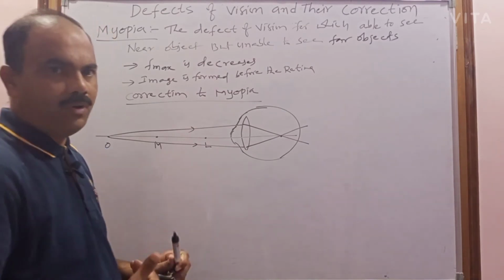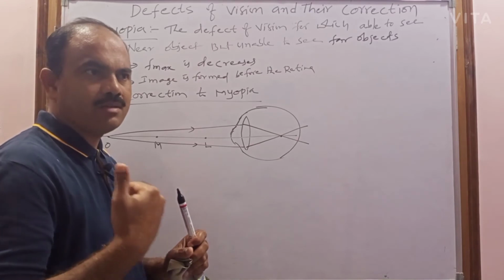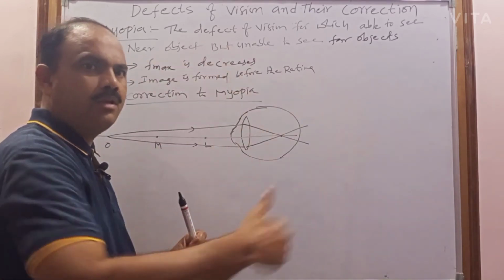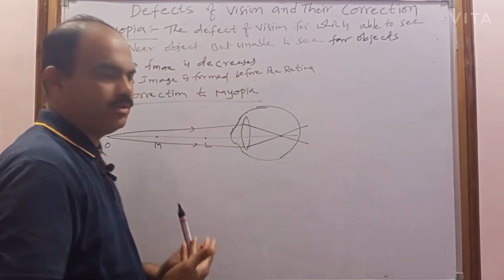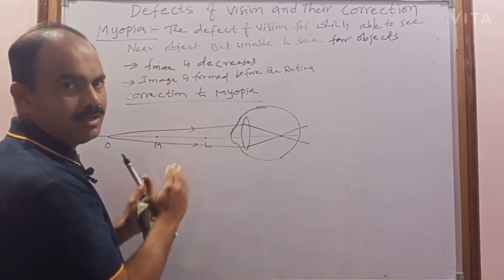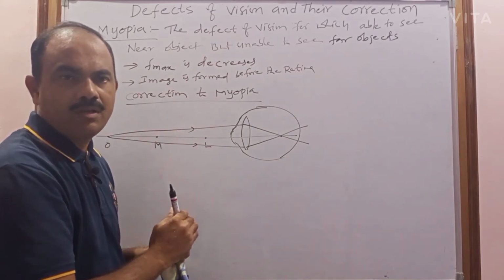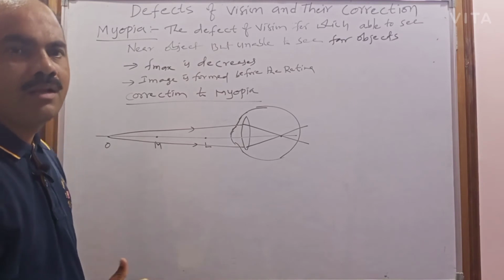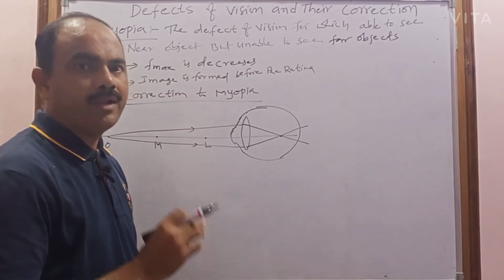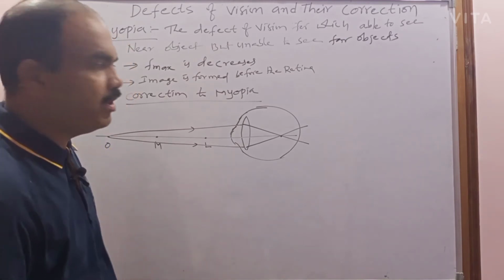So what is the importance of the concave lens? Concave lens లో ఏమైతే అంటే ఆబ్జెక్ట్ ఏ సైడ్ ఉందో ఇమేజ్ కూడా అదే సైడ్ ఫామ్ అవుతుంది. సో ఇక్కడ కూడా ఆబ్జెక్ట్ ఏ సైడ్ ఉందో ఇమేజ్ కూడా అదే సైడ్ ఫామ్ కావాలి. So that's why we have to use which type of lens? Concave lens.